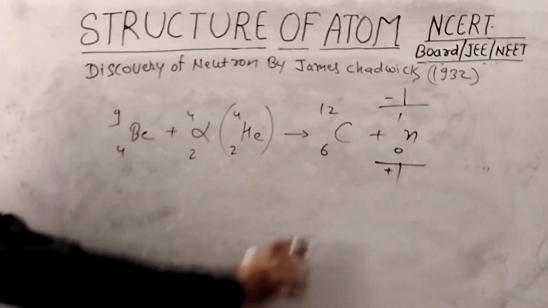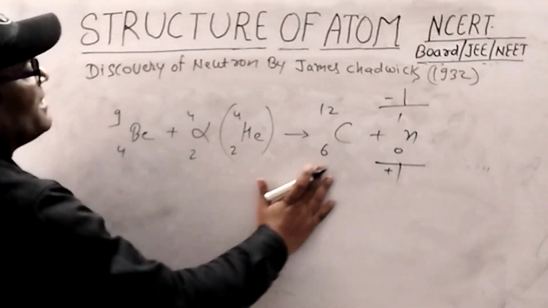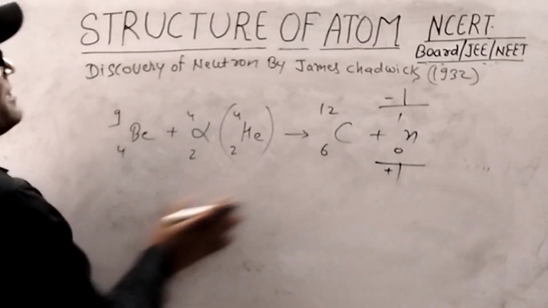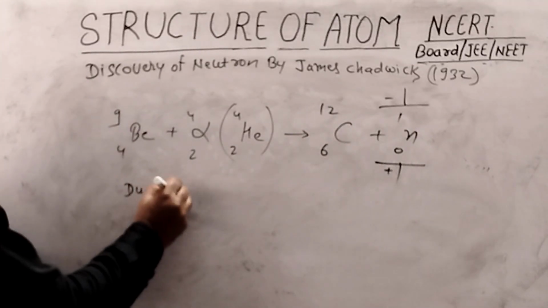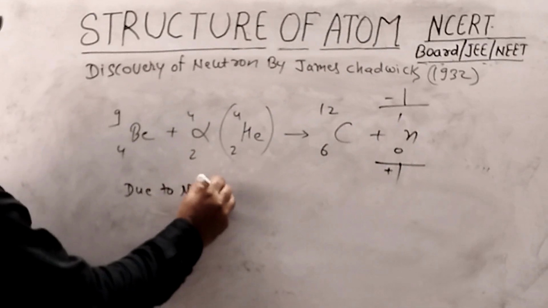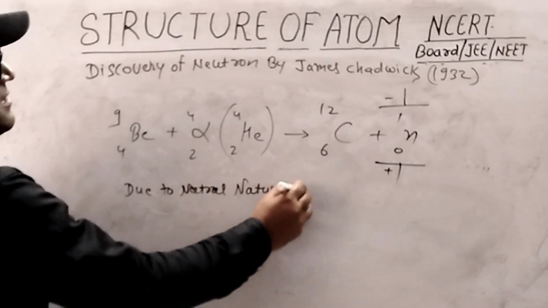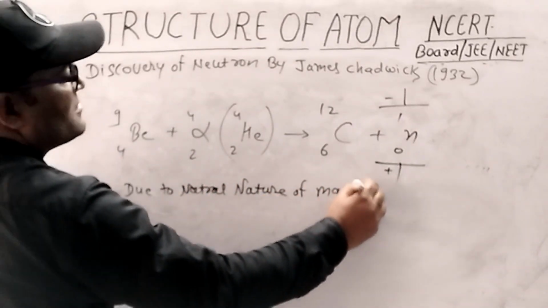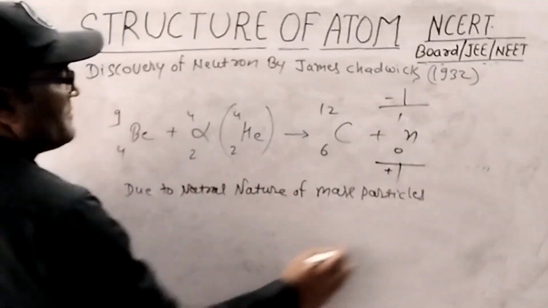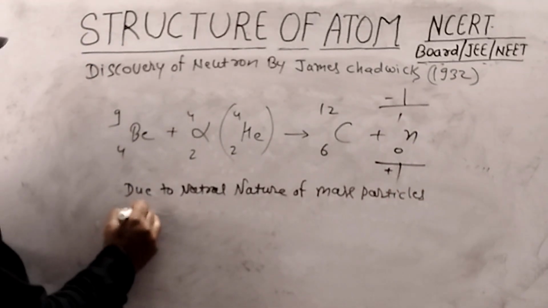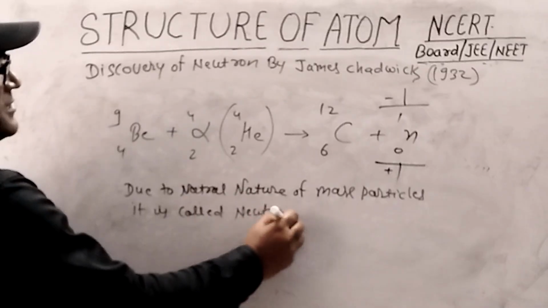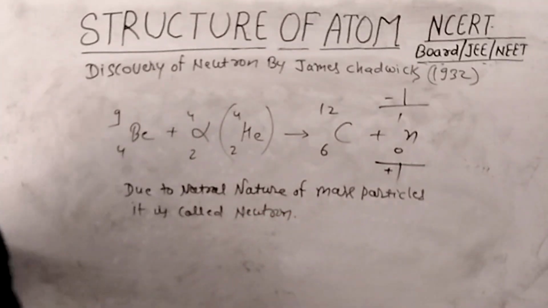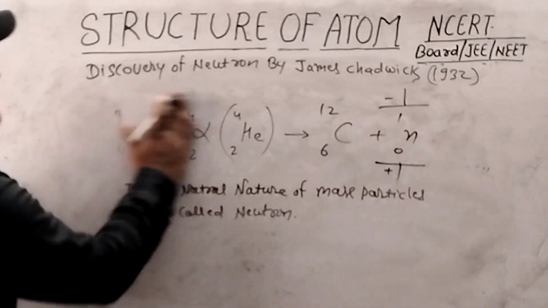So due to its neutral behavior, this particle is known as neutron. So due to the neutral nature of this mass particle, it is called neutron.